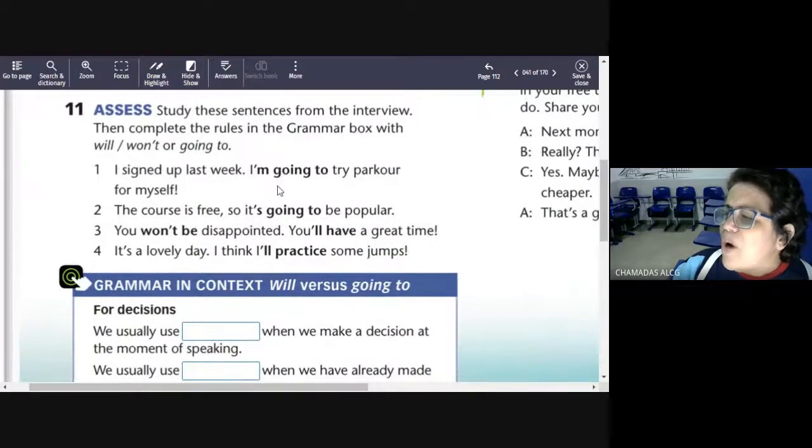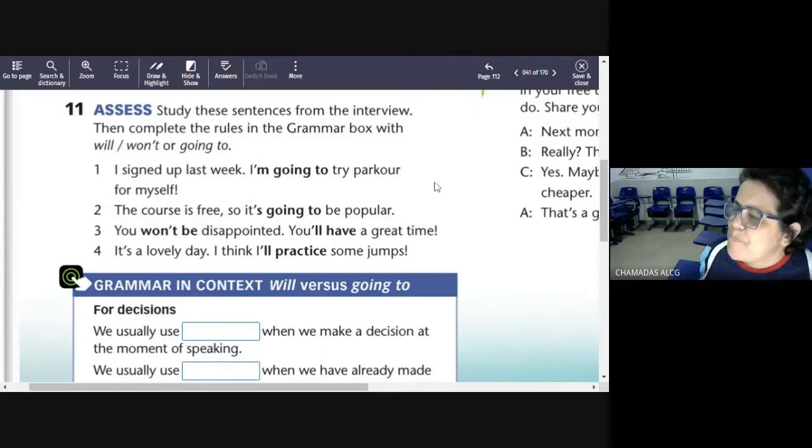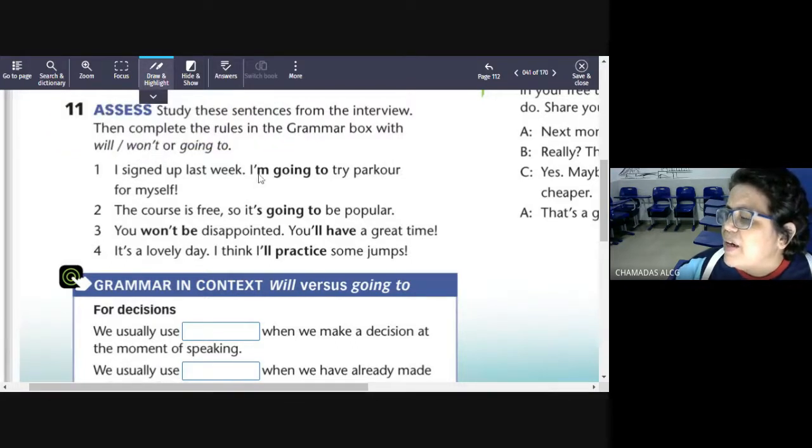So people, what's the difference between these sentences here? Look, we have different verb tenses, right? So let's see, here we have be plus going to, and then the verb. So I'm going to try. Here again, verb to be plus going to, and the verb infinitive, just like here.